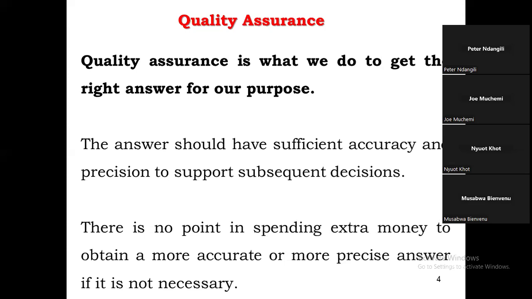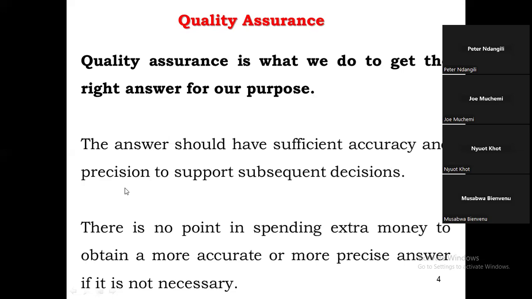There's no need of spending any extra money to obtain more accurate or more precise answers if it is not necessary. For example, when you just want to get some qualitative information, the answer is yes or no, then the accuracy or the precision may not be very important.